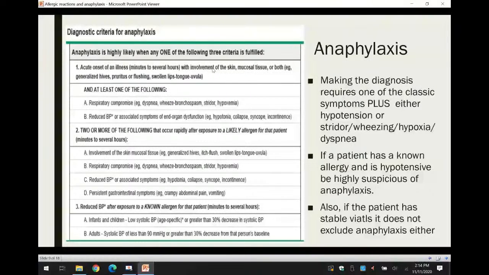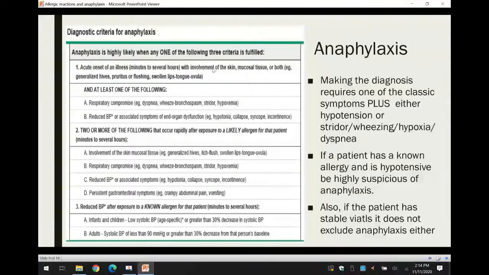Now, the other thing, too, is if somebody has any sort of allergic reaction to, like, the venom from a bee sting or something like that, removing the stinger is important. If it's known, if you can find it, or if they have some sort of reaction to a detergent on their clothes or anything like that, removing them from that exposure is important, because otherwise, no matter what your intervention is, if they had that continued exposure, it's still going to keep reoccurring.